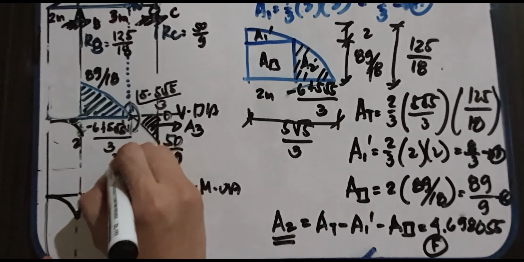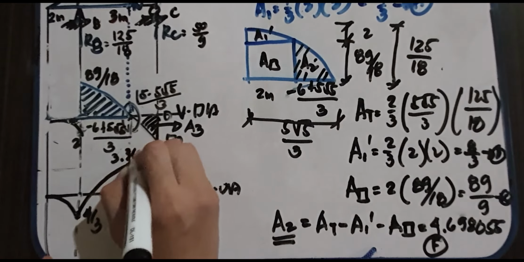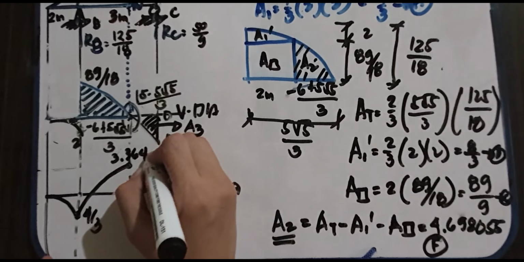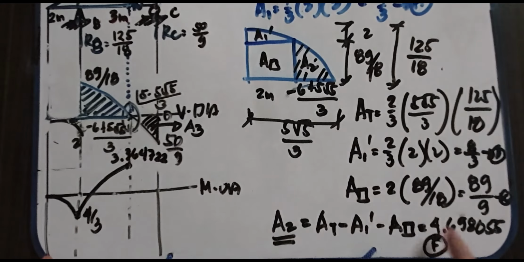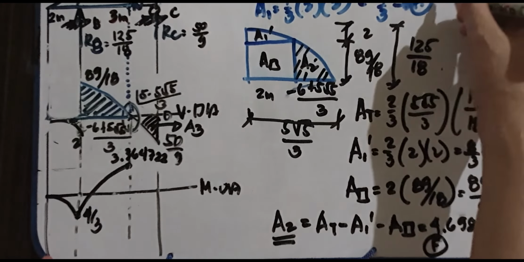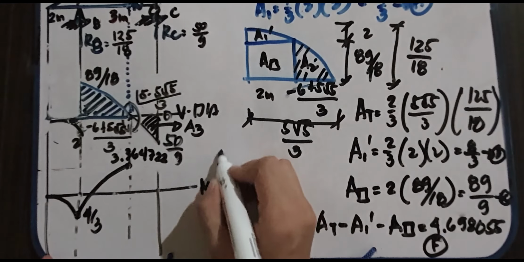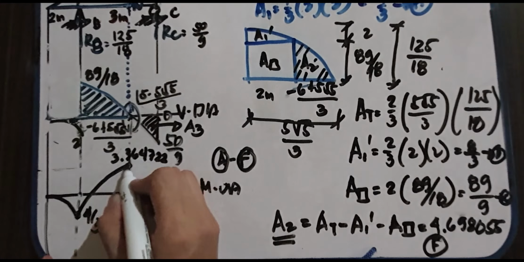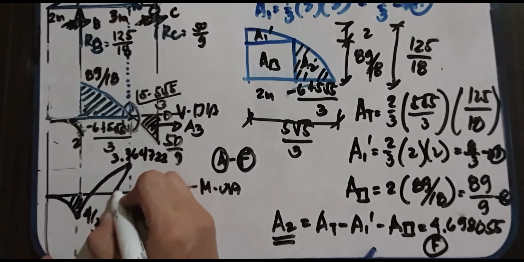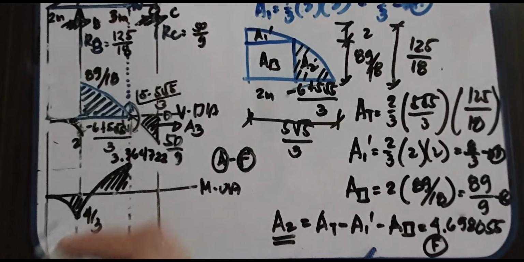So, we have 3.364722. Ima-minus ito, minus din yung nakuha natin dito. So, parang area F minus store. Ima-minus natin para makuha natin yung moment natin dito. Okay, next.